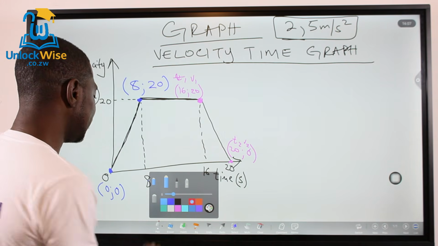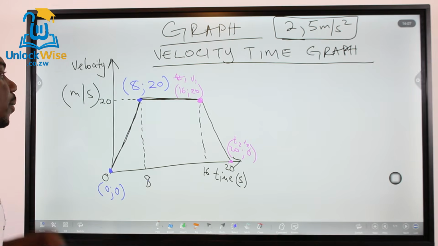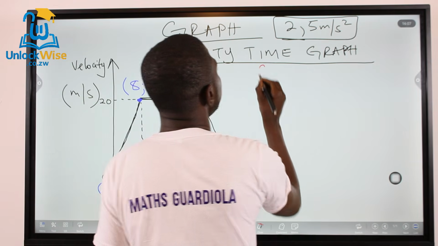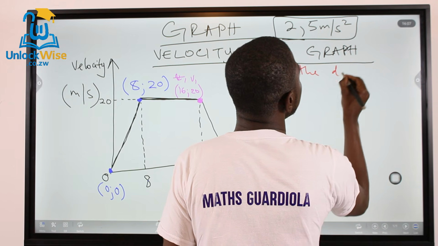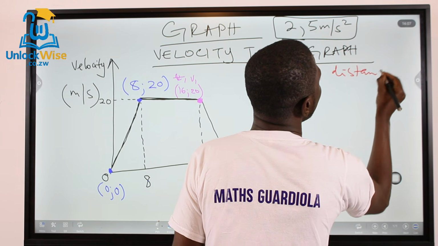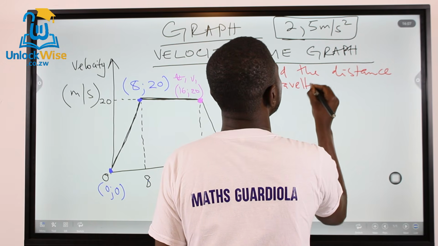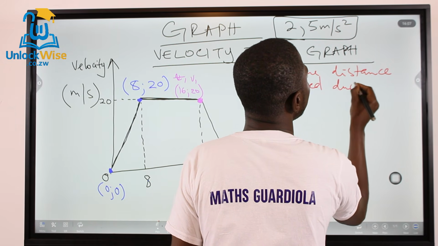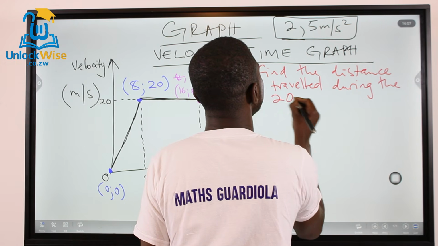So we want the distance traveled during the 20 seconds. So find the distance traveled during the 20 seconds.